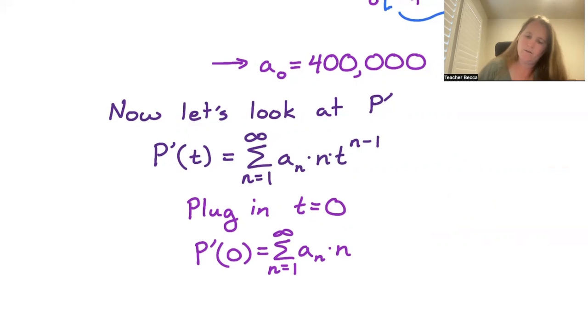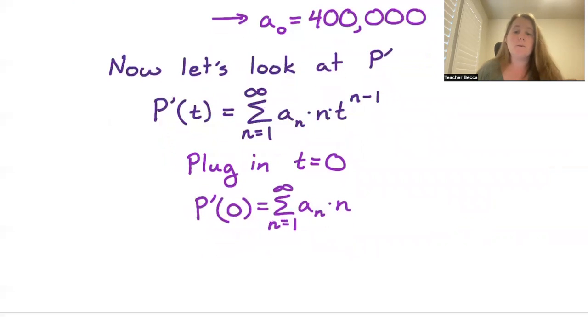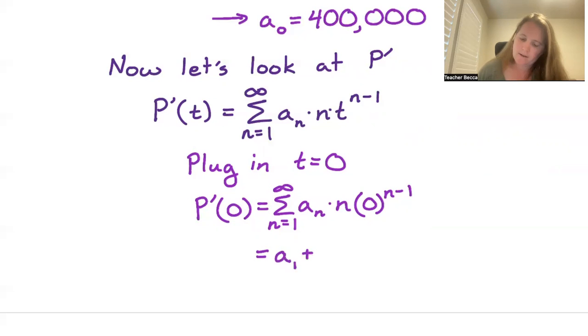So if we plug in t equals 0, then we have P prime of 0 as the sum from n equals 1 to infinity of a sub n times n times 0 to the n minus 1. So this is a sub 1 times 1 times 0 to the 0th power. We're going to view that as 1.